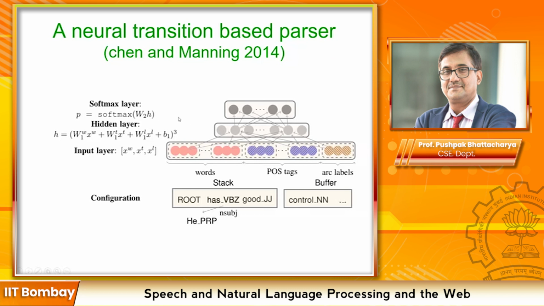At the outermost layer, which is said to be a softmax layer. What is a softmax layer doing? The softmax layer gives you probabilities of the output. So what it does is that, given the stack and the buffer and the arc labels, part of speech tags, all this information, the softmax layer gives the probability of linking pairs of words in the sentence.